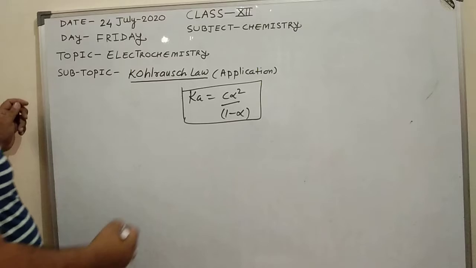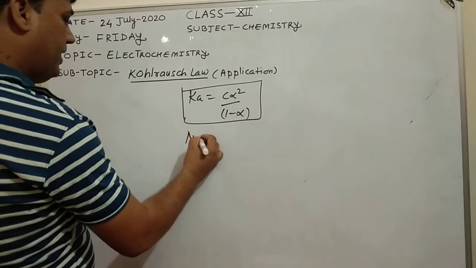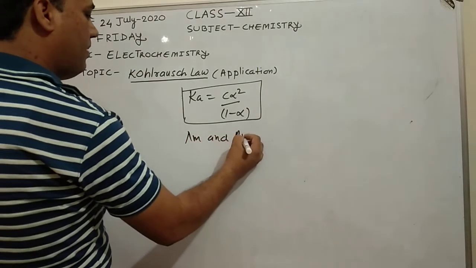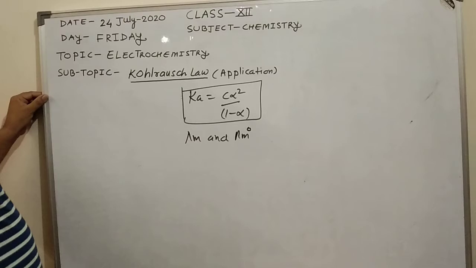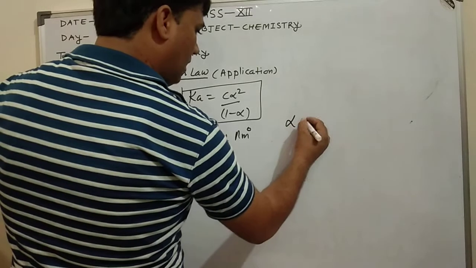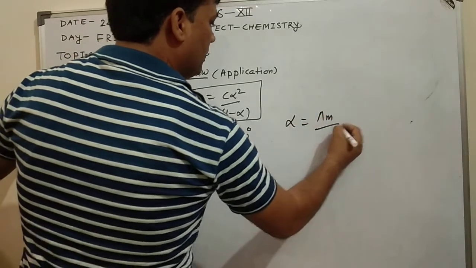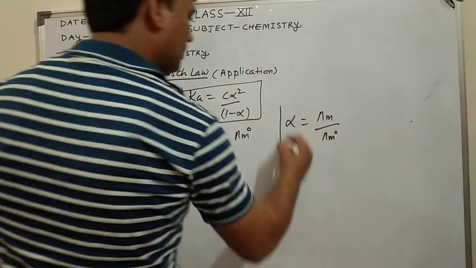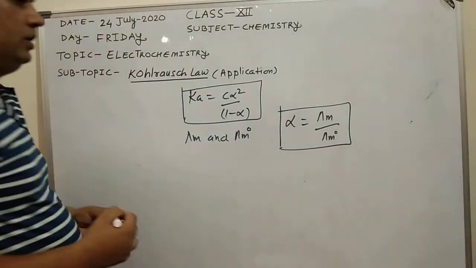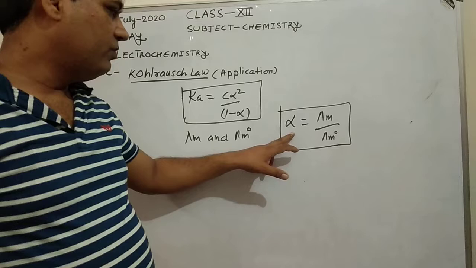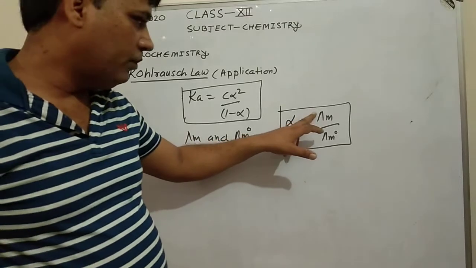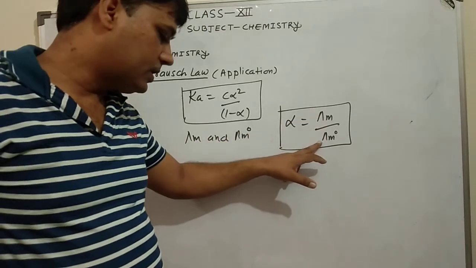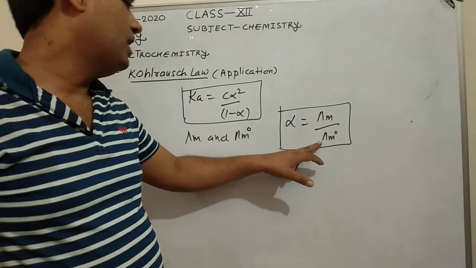Next, what is the relation between lambda m and lambda m naught? Degree of dissociation alpha is equal to lambda m divided by lambda m naught. So the degree of dissociation for weak electrolyte is the ratio of molar conductivity and molar conductivity at infinite dilution.